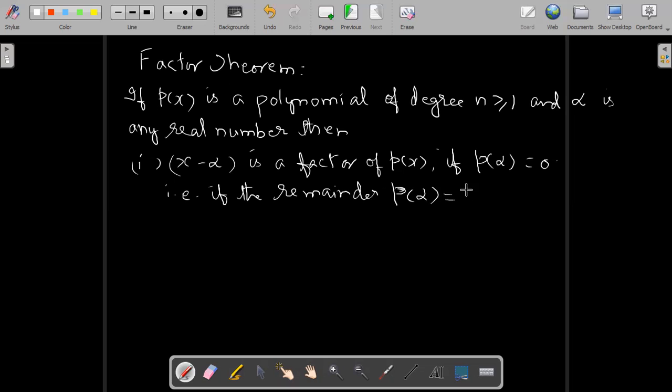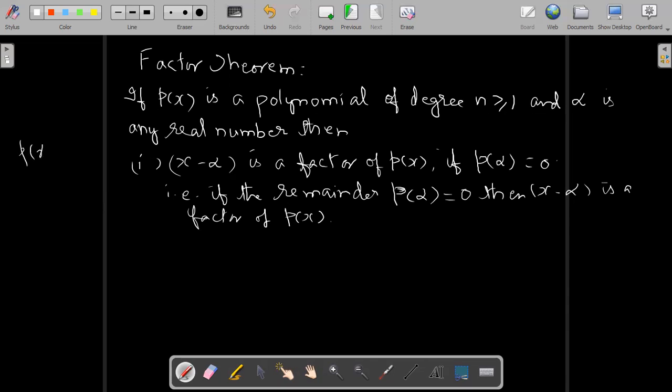If the remainder becomes 0, then x minus alpha is a factor of p(x). This is the first statement. Okay. So same procedure, we will substitute the value, equating x minus alpha to 0.